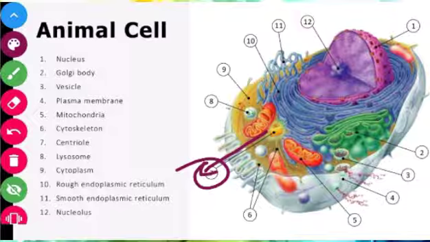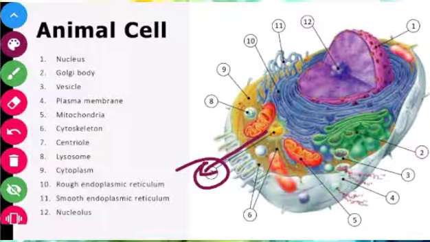When you study cell divisions, you will know that the spindle fibers carry the chromosomes in the anaphase stage. In anaphase, these spindle fibers are produced by the centrioles, and they carry the chromosomes and divide the cell into two.